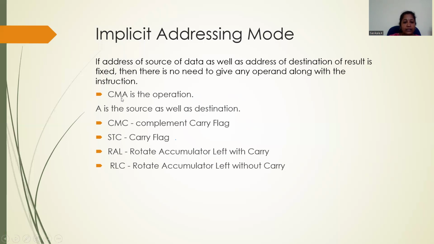So in these 5 instructions, that is CMA, CMC, STC, RAL, and RLC, it is understood what the address of the data, the source data and the destination data is. So we need not give any operand, that is, specifically give the address. It is understood from the instruction itself. That is why it is called implicit addressing mode.